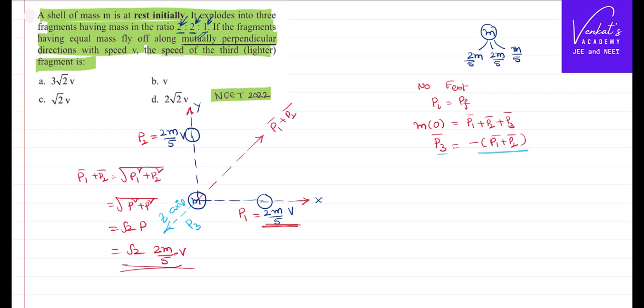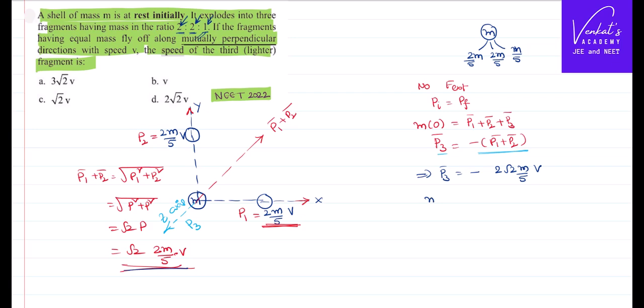So what we can say? That implies P3 bar equals minus of P1 bar plus P2 bar, that is 2 root 2 m by 5 into v. Minus is to say that it is traveling in the opposite direction.